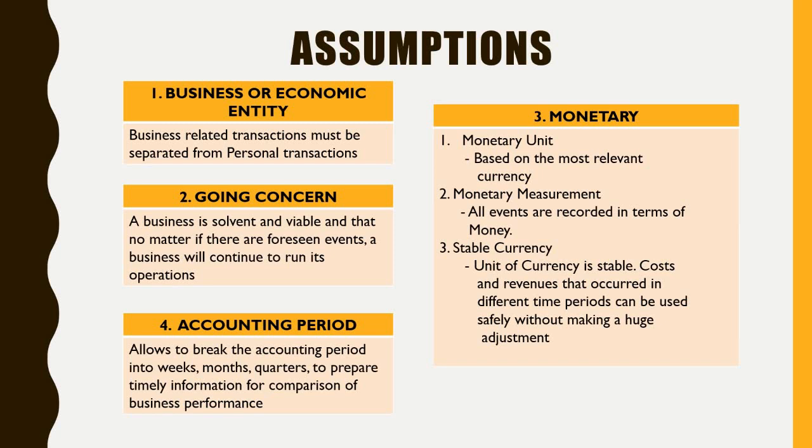So let's talk about the first 4, which are your assumptions. Number 1 is the business or economic entity. The definition basically says that you must find some way to separate your personal transactions from your business transactions, and deal with them separately.